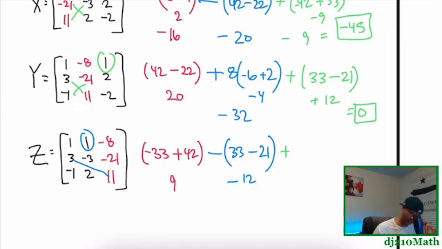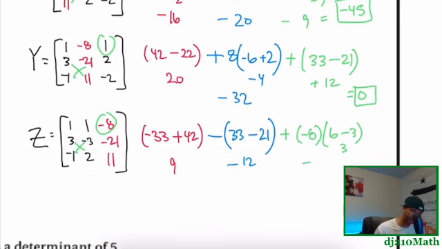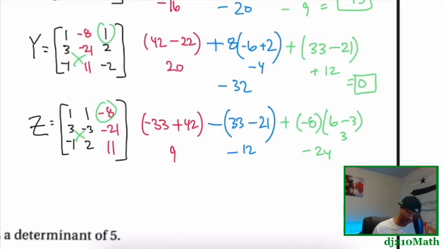And then the green one is going to be negative 8 times 6 minus 3. So that's 3 times negative 8 is negative 24. So it's going to be negative 36. Negative 36 plus 9. Negative 27.